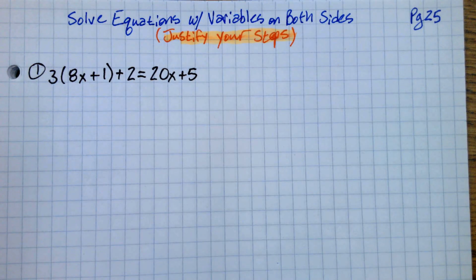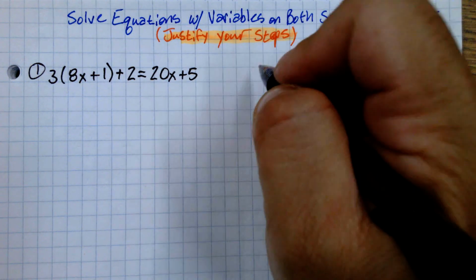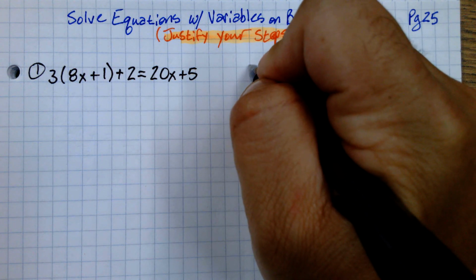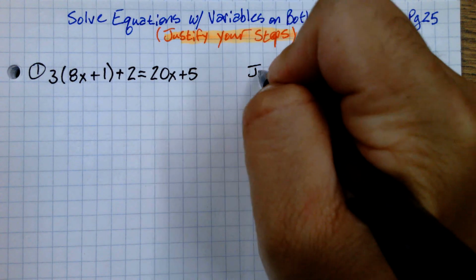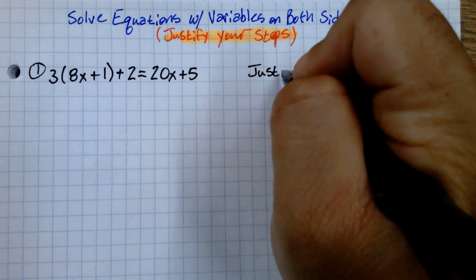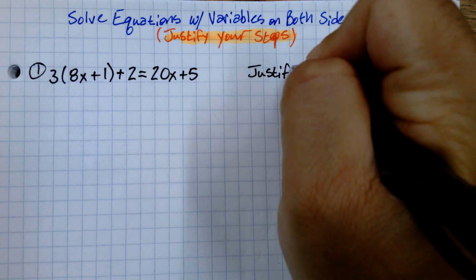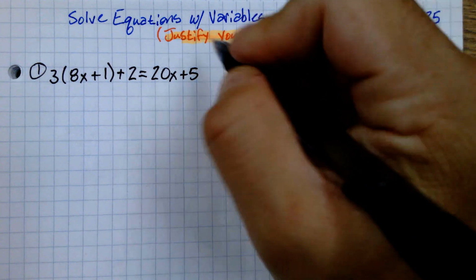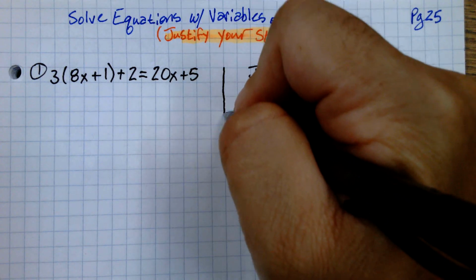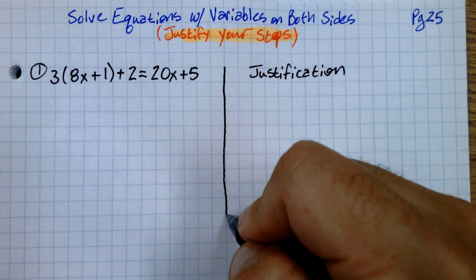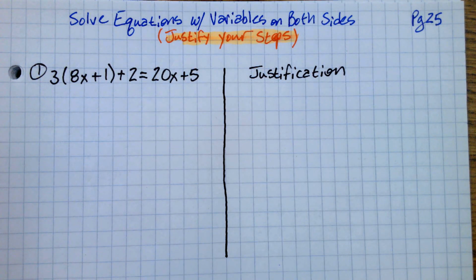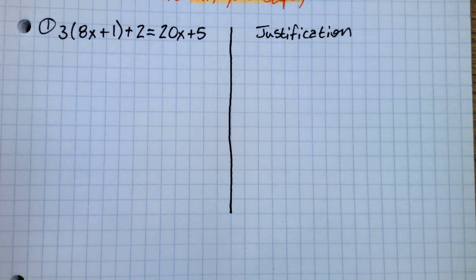Okay, so there's a whole equation. And on the other side, so I'm going to just make 2 columns. On the other side, we're going to have a justification. So somewhere about the middle, I'm just going to make a vertical line separating it into two sides, 2 columns.